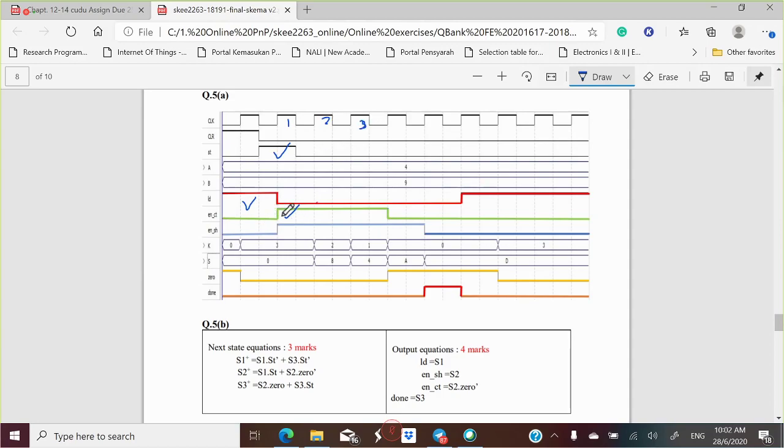And this enable count is always fixed to 3 pulses. Why? Because your counter is already always start from 3, 2, 1, 0, right? Your K counter. It is a fixed counter. So you have to set for 3 and then enable shift, you extend one more.